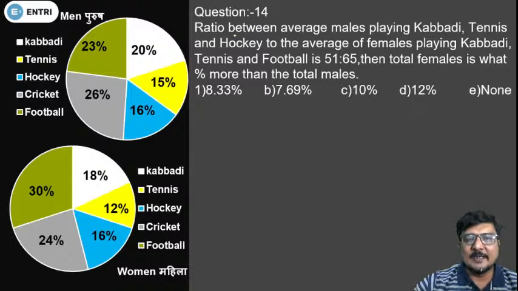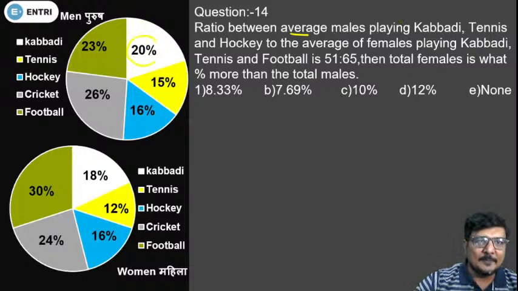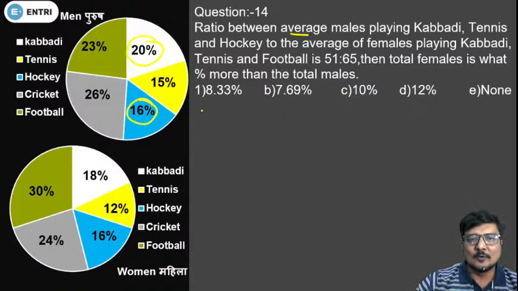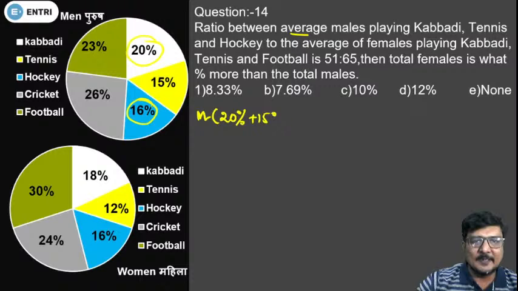Now what is the question saying? The question is saying the ratio between the average of males playing kabaddi, tennis and hockey: kabaddi 20%, tennis 15% and hockey 16%. So the sum for all the males will be 20% plus 15% plus 16%, and for the average we will divide it by 3.